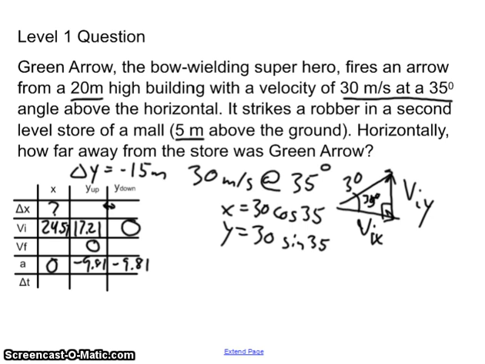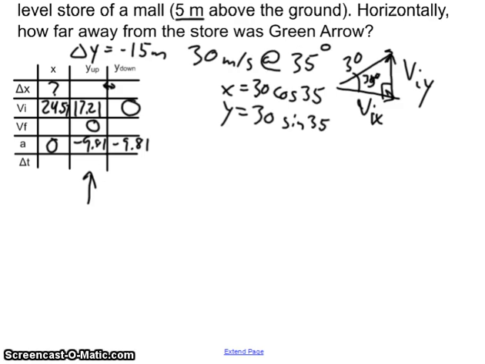So there is a relationship between these two values of y up and y down displacement. So let's solve for that, because if we take a look at our y up column here, we have 3 values, which means we can find out what the displacement is, and that is actually what our maximum height is above the 20-meter high building. So if we want to find out what that is, we use our handy-dandy equation. We know VI, we know VF, we know acceleration, and we want to find delta x. That means we use our equation of VF squared equals VI squared plus 2a delta x.